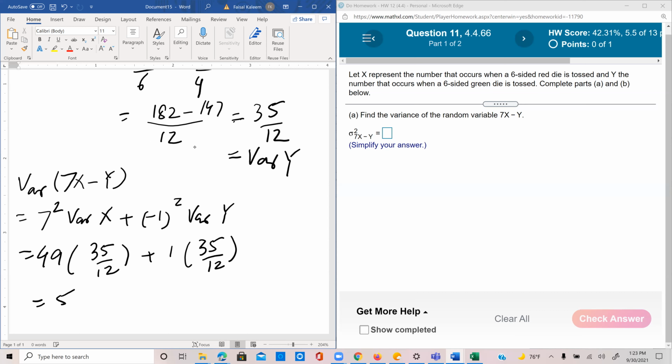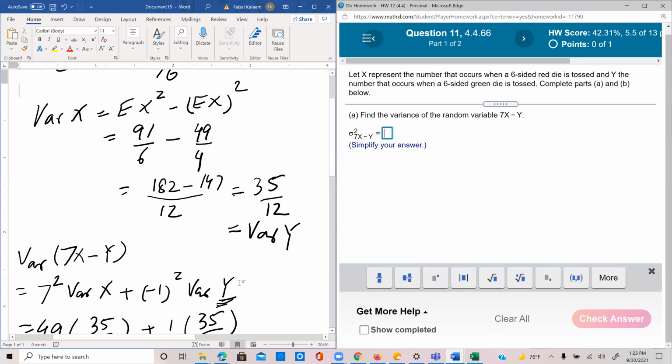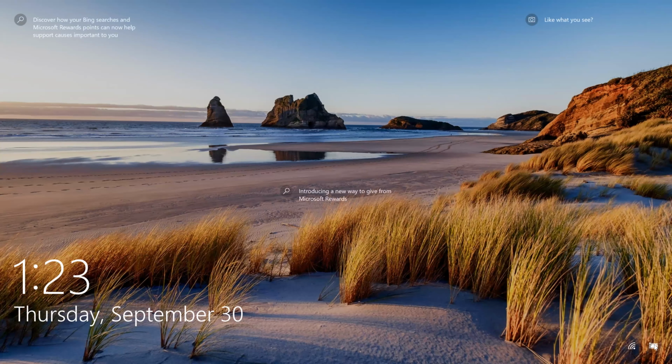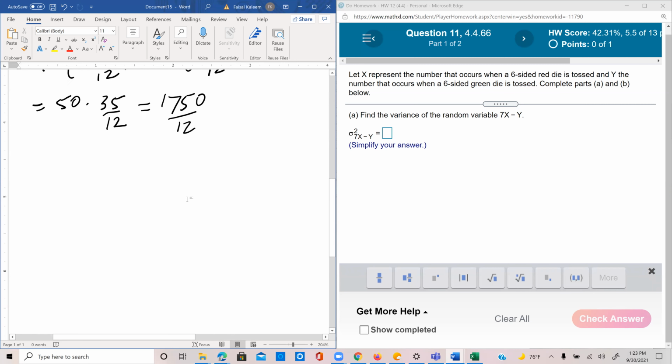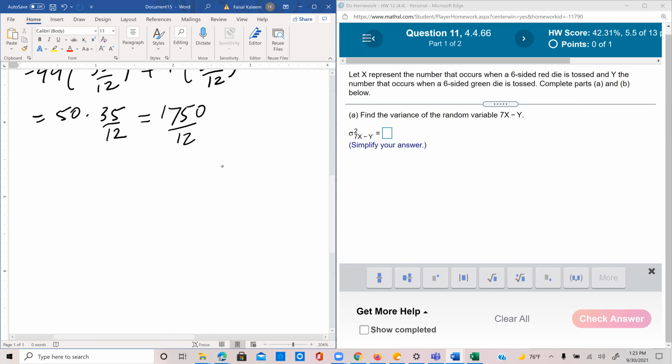So it's 50 times 35 by 12, and they want a fraction, so that's 1750 by 12, so that's 875 by 6. So this one is 875 by 6.